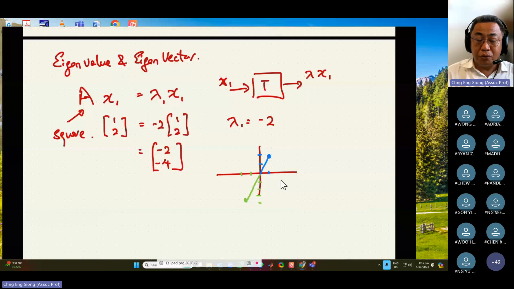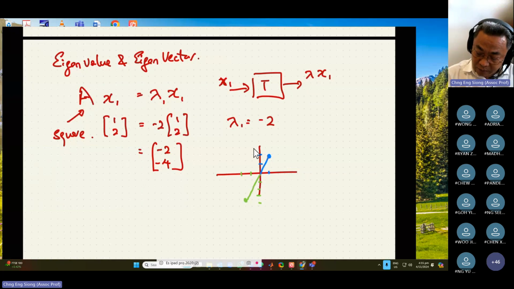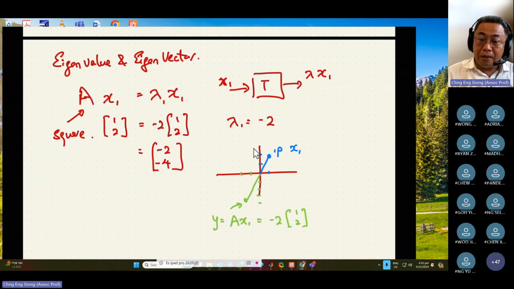So the blue is the input vector called x1, and the green is the output vector y equals A x1 equals minus 2 times 1, 2. When we say that the transformation maintains a direction, the opposite direction, the negative of the direction, is still the same direction in our idea.